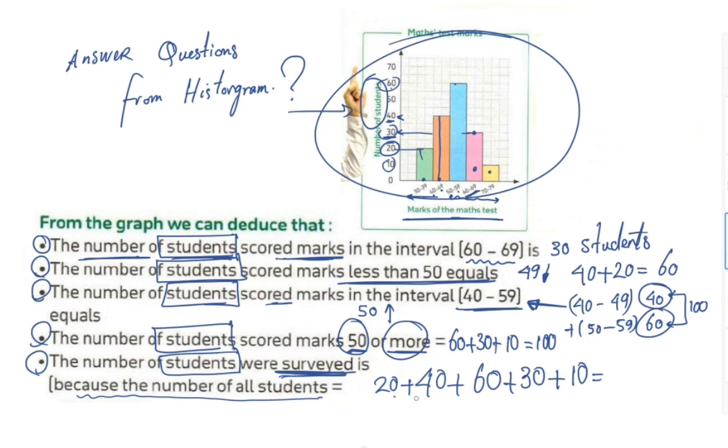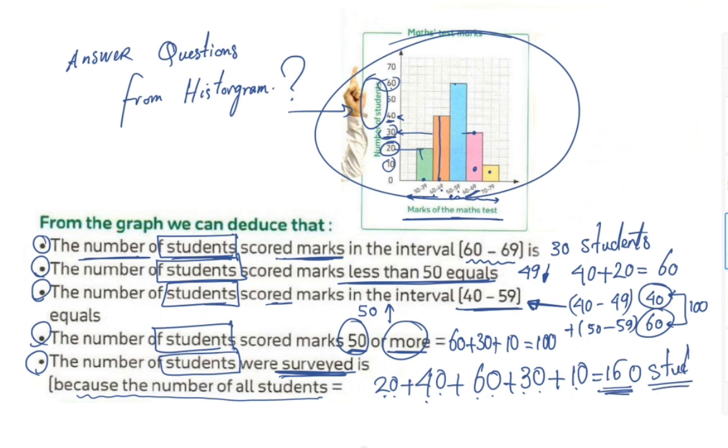Now add the zeros: 2 plus 4 is 6, plus 6 equals 12, plus 3 equals 15, plus 1 equals 16. That means all surveyed students are 160 students.